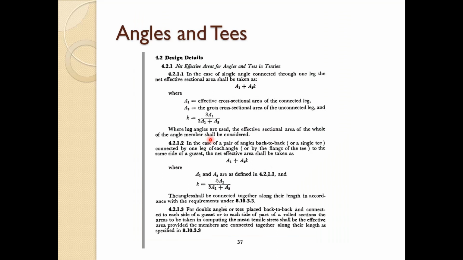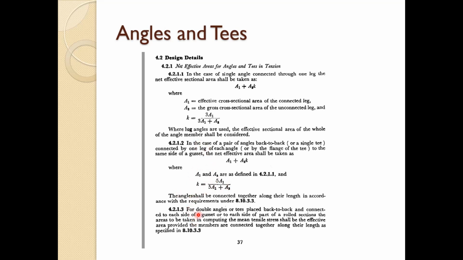In case of a pair of angles back to back or a single T connected by one leg of each angle or by the flange of the T, on the same side of the gusset, the net effective area is again A1 plus A2 K, where A1 and A2 are defined as in this clause and K is 5A1 divided by 5A1 plus A2. So this is the net effective area for the angles and T's.